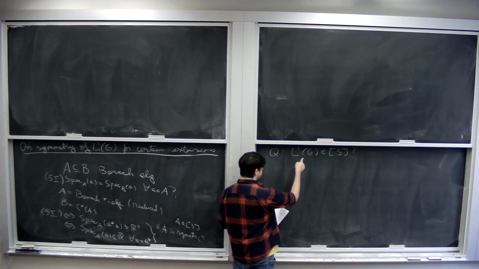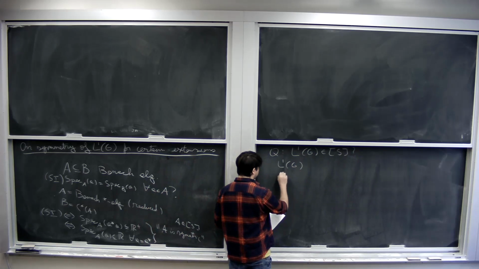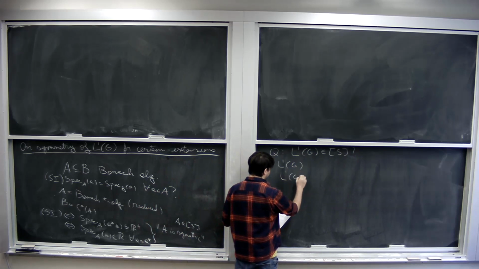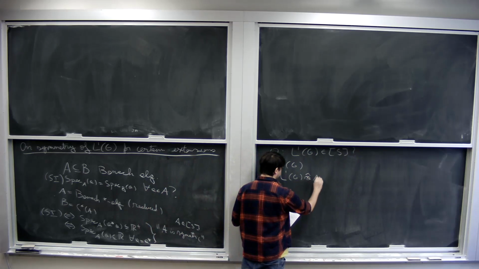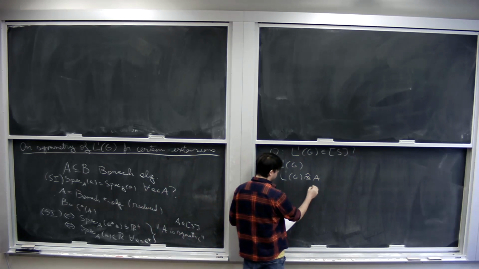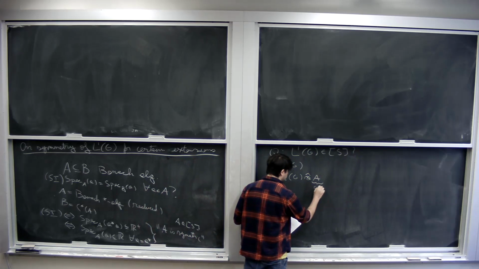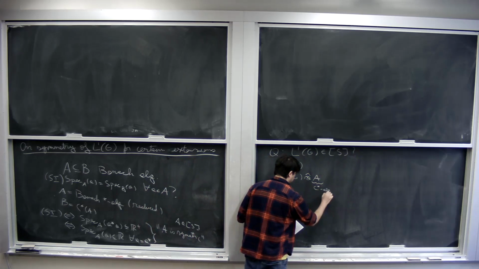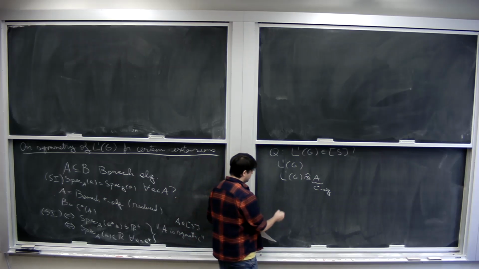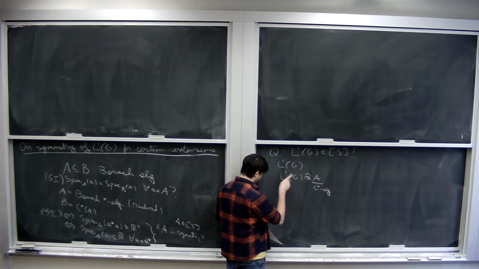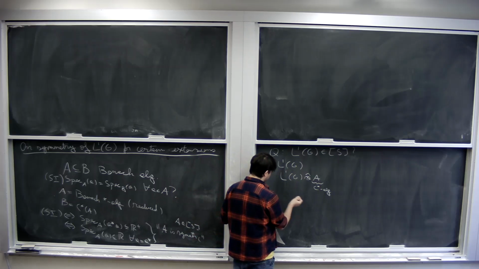So we can ask the same question instead for L1. We can ask it for projective tensor products. That's another Banach algebra. Here A is going to be a C-star algebra. We can ask the same question for cross products, type cross products like C-star algebras.